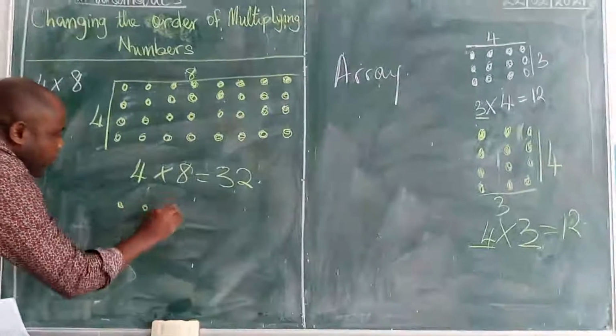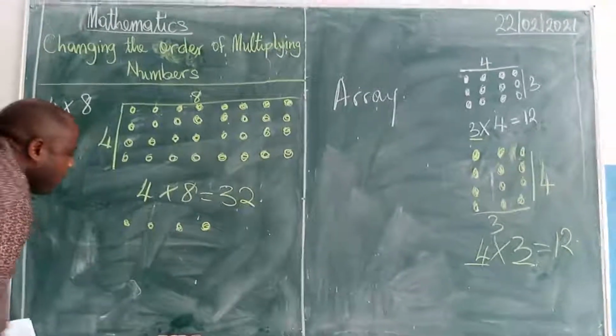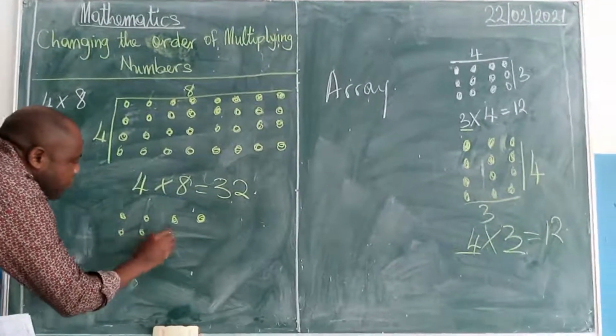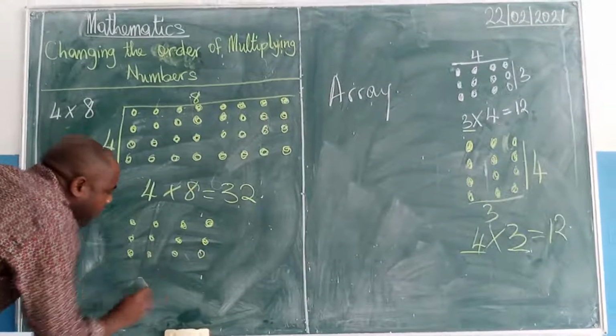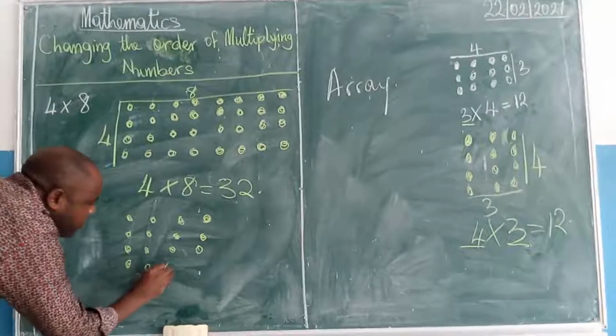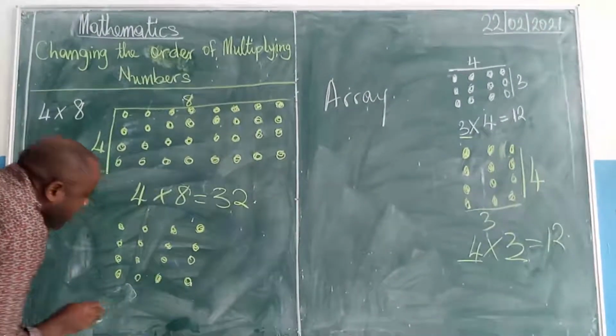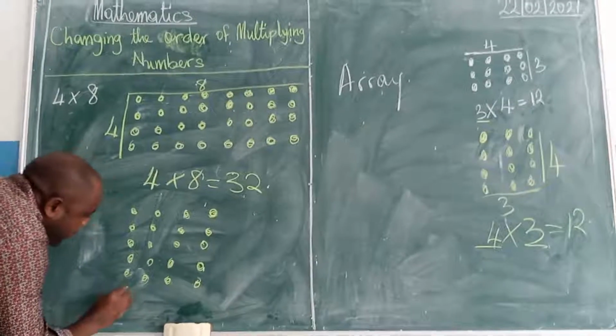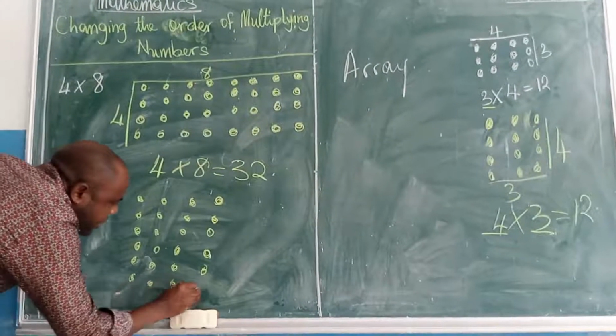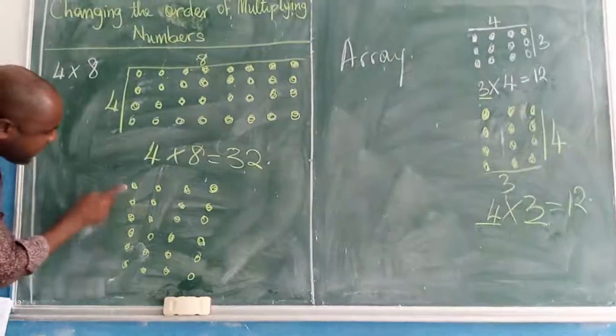1, 2, 3, 4. 1, 2, 3, 4. This is 1, 2, 3, 4, 5, 6.